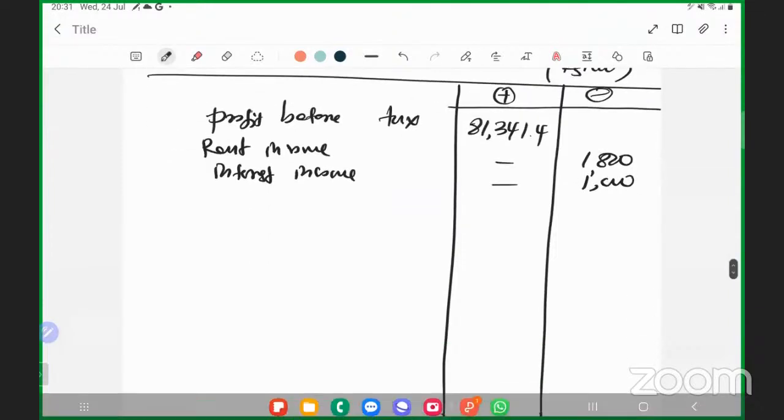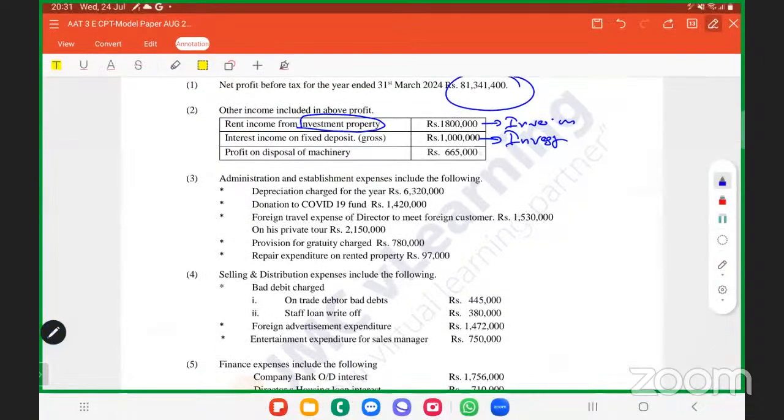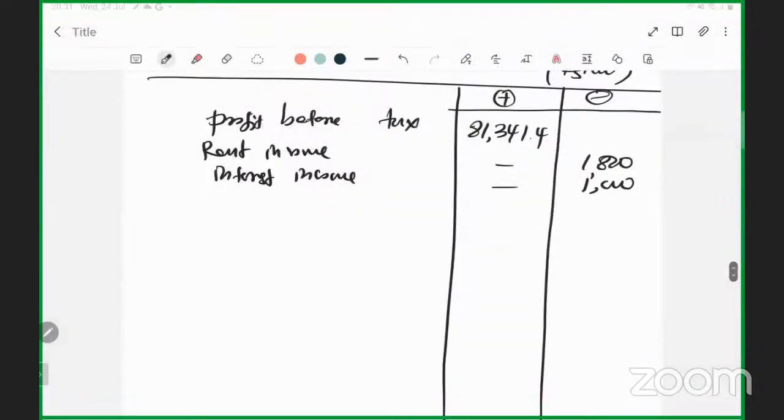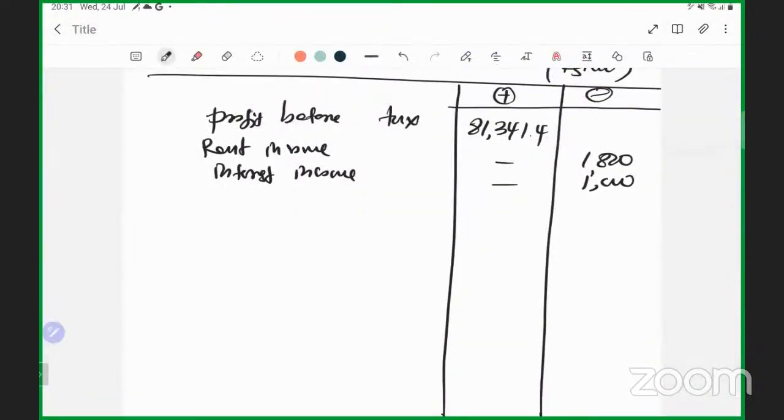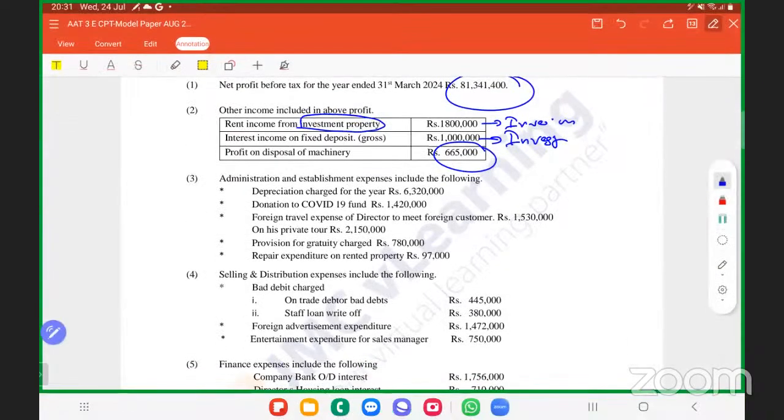Further, the other income includes 665 profit on disposal of machinery. Once you read this section, you can understand this machinery is used for business purposes. Therefore, the business asset disposal gain you need to record under the business income. But this calculated profit is the profit according to accounting, not taxation.